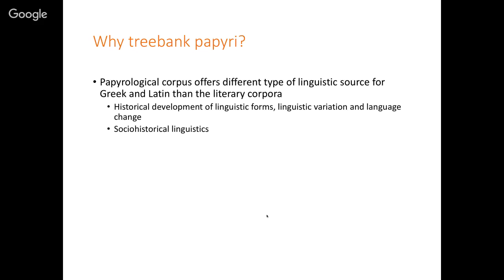We mostly now have literary data in tree banks. So the papyrological corpus offers a different type of linguistic source for Greek and Latin than the literary corpora. So we can better study historical development of linguistic forms and variation and change in the Greek language. So historical linguistics can also benefit from this kind of material.